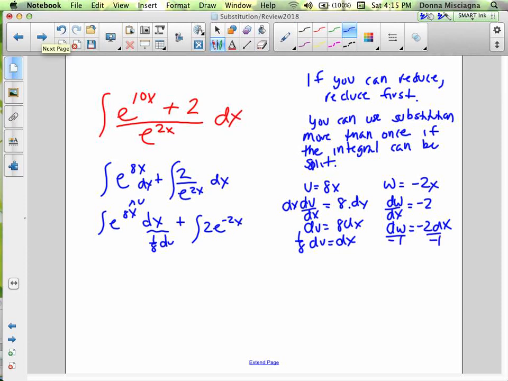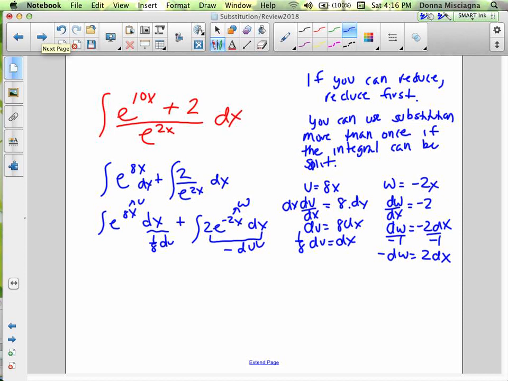We can leave the 2 there because we do have the 2. So negative dw equals 2dx. All right, so we're going to replace the negative 2x part here with a w and the 2dx with a negative dw.